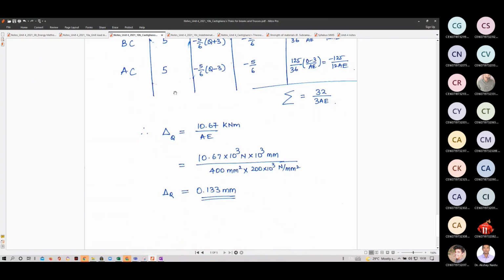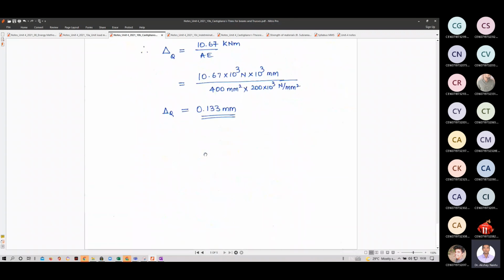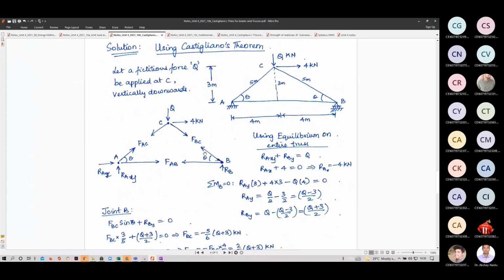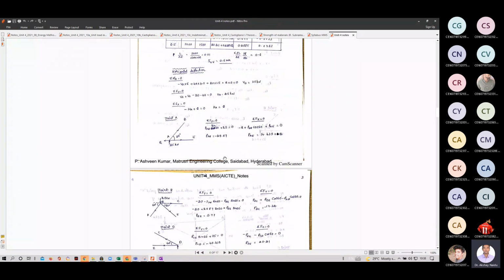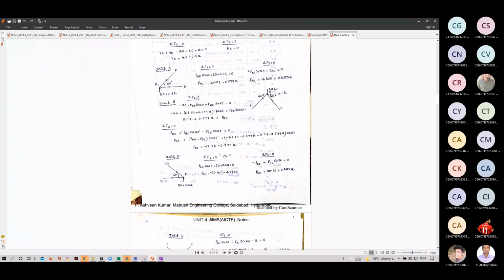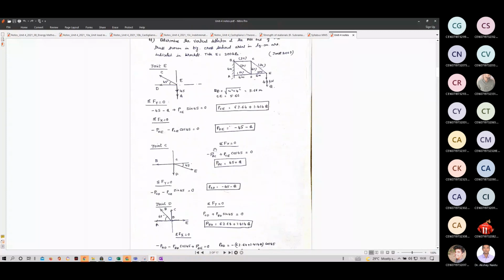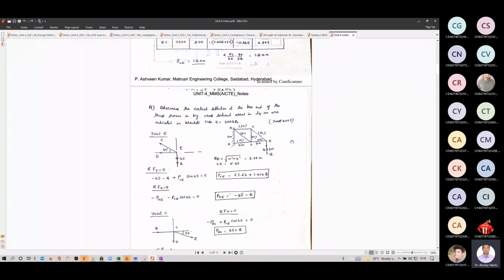So this is about how we use Castigliano's theorem for trusses and how we use it for beams. Yeah, Ashwin sir's notes here. It's a slightly bigger truss. This kind of problem you can expect.